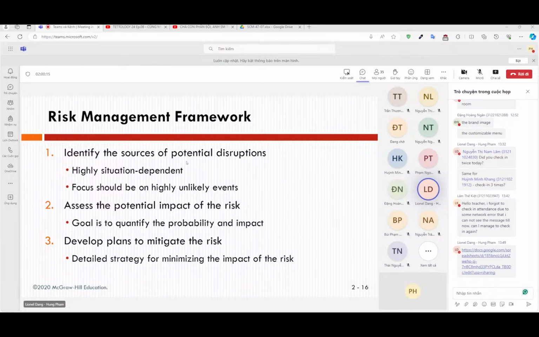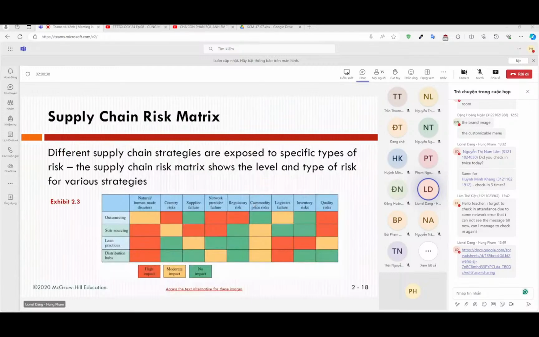So basically, this framework tells us that we need to do that assessment and then focus on the event that is likely to happen with the great impact. Do you get what I mean?